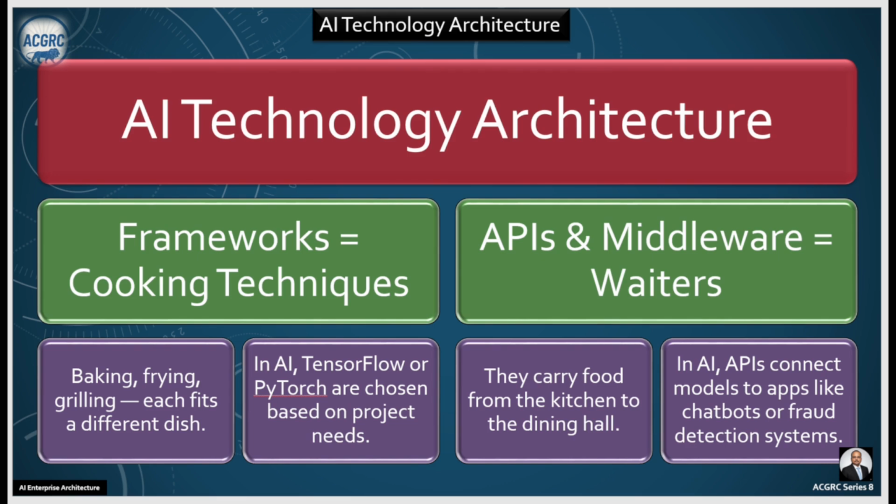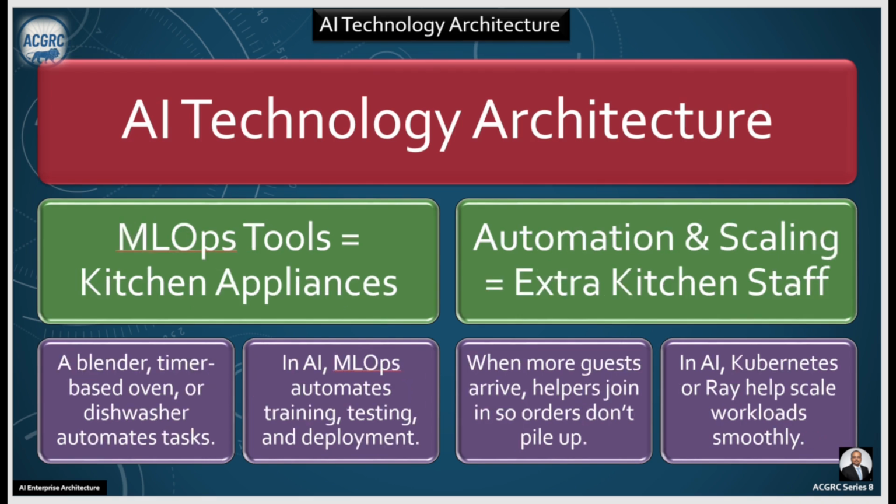When it comes to APIs and middleware, the API connects models to apps like chatbots or fraud detection systems. It's like, from a kitchen perspective, they carry the food from the kitchen to the dining hall. They are the waiters. From an MLOps tools perspective, in AI, MLOps automates training, testing, and deployments.